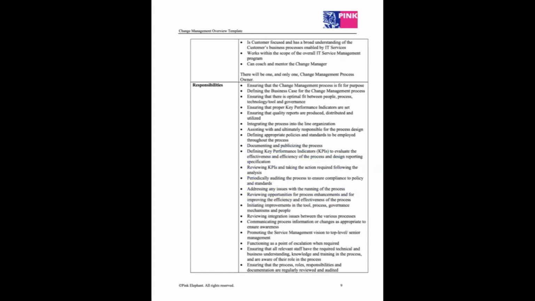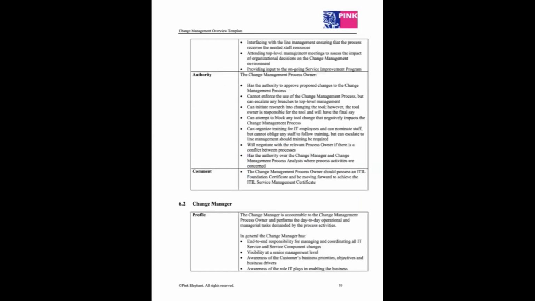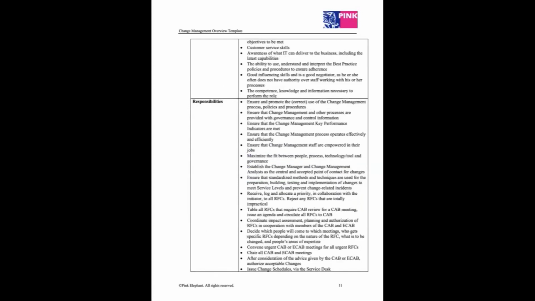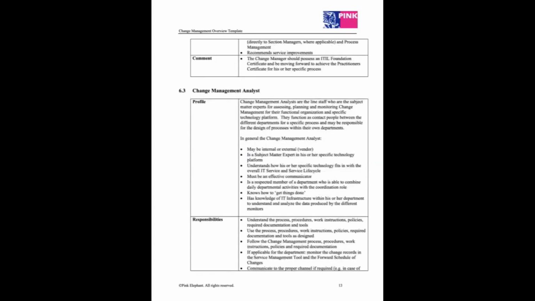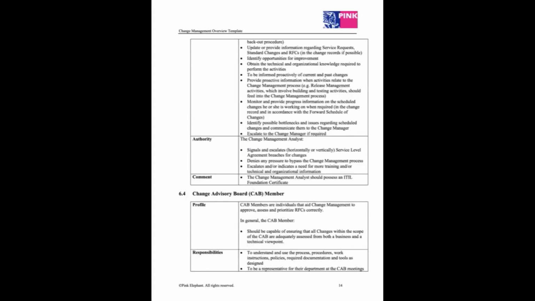What are the key responsibilities that the process owner would have within the organization? And what level of authority should that individual have as well. Go into the change manager, structured in the same way, change analyst, and then the change advisory board member.